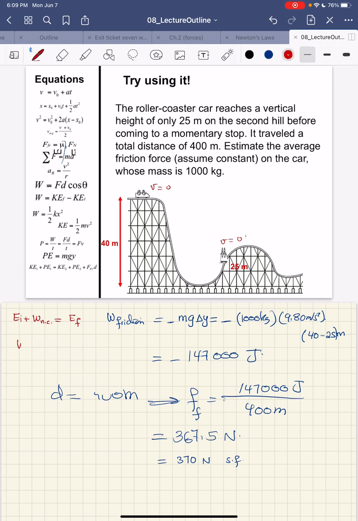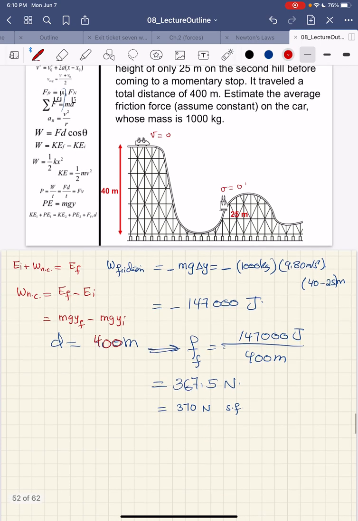Here, work by non-conservative. This is where the minus is going to come. And that is going to be mgy final minus mgy initial. Since y final is less, remember we said the friction force is going to make the mechanical energy less, and this is the reason why we get a negative number.